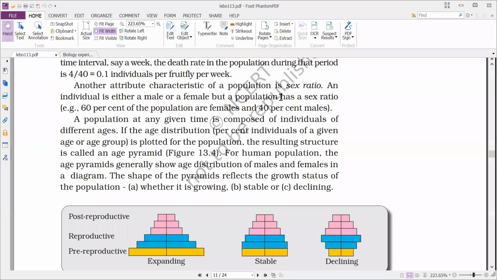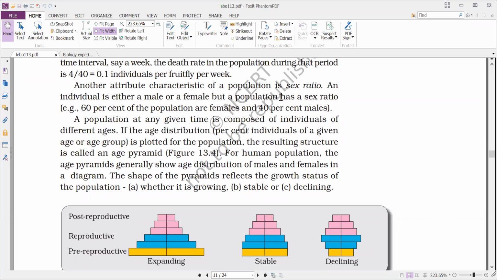Along with that, a population at any given time is composed of individuals of different ages. That means different organisms will be there, because here we are taking into consideration sexual reproduction. Before an organism has the ability to undergo sexual reproduction, that is the pre-reproductive age.